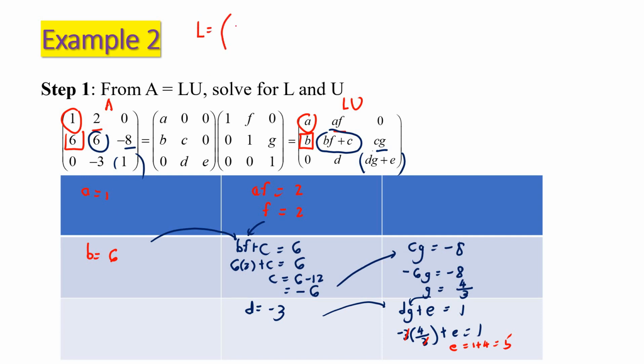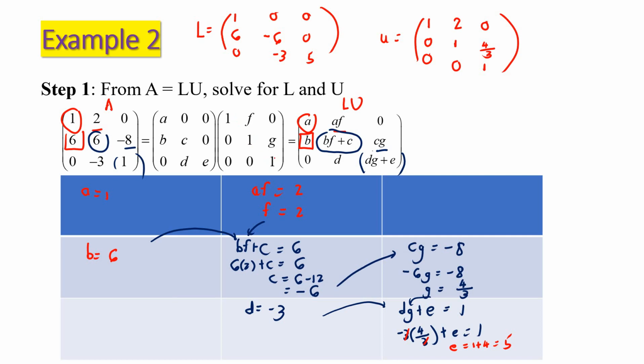L is 1, 6, 0, negative 6, negative 3, 5 with zeros, this part represents your L. This part represents your U, which is upper triangular: 1, 0, 0, F is 2, this is 1, this is 0, G is 4 over 3, this is 1. This is U.